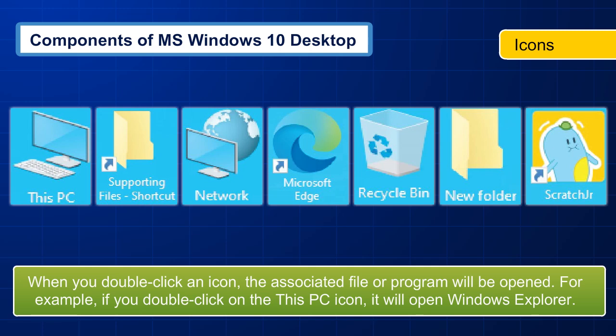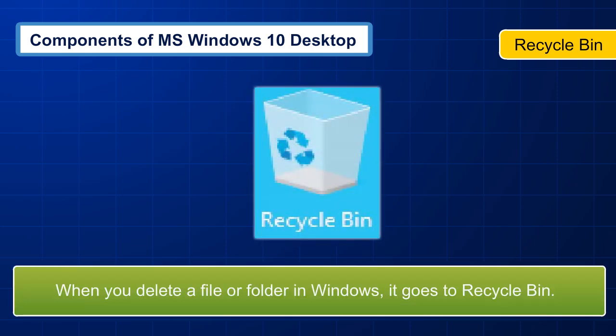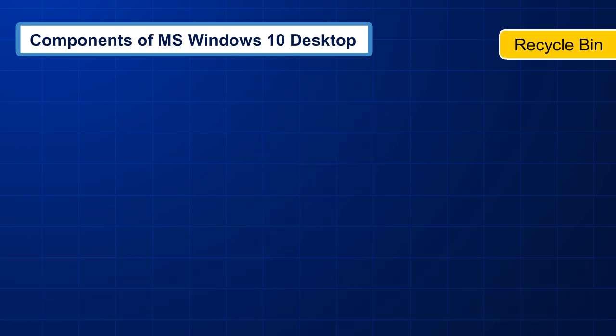For example, if you double-click on the This PC icon, it will open Windows Explorer. Some of the icons which you can see on the desktop are Recycle Bin. When you delete a file or folder in Windows, it goes to the Recycle Bin.